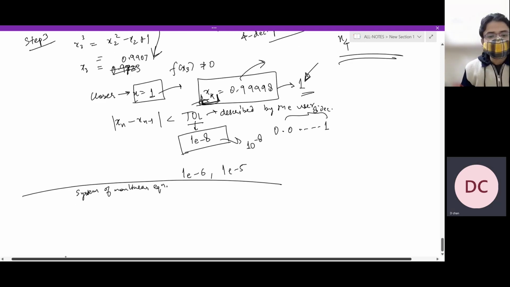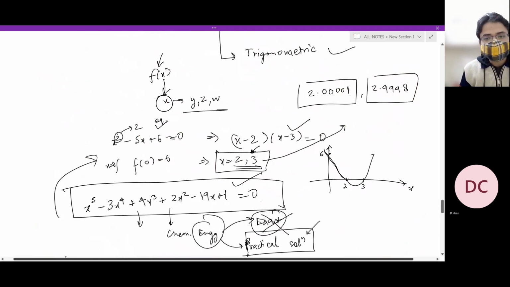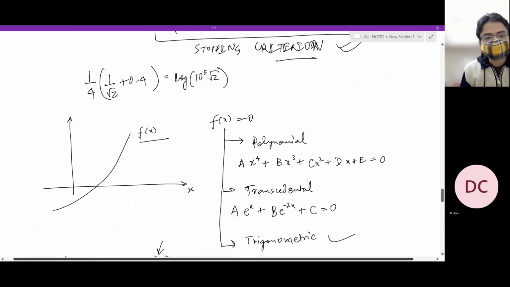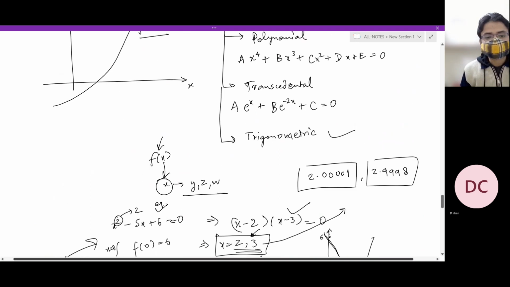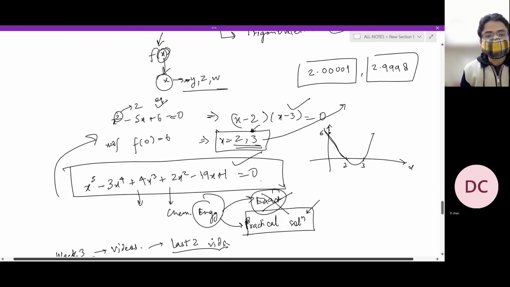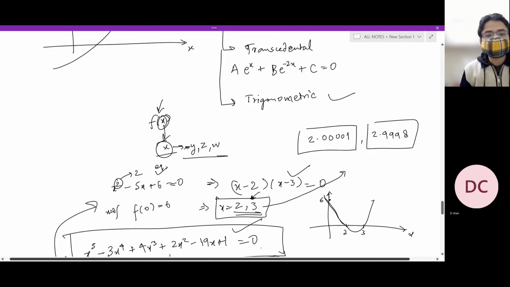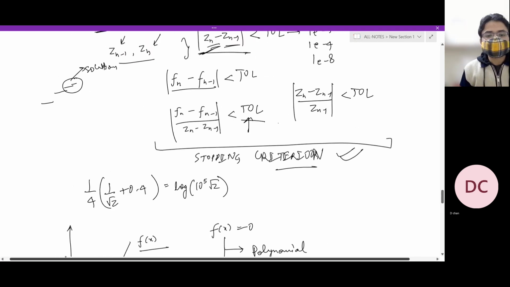As I said, at the moment, the type of equations that we are discussing, you have to have a single variable x. There might be a different name, but it will be a nonlinear equation, a single equation.